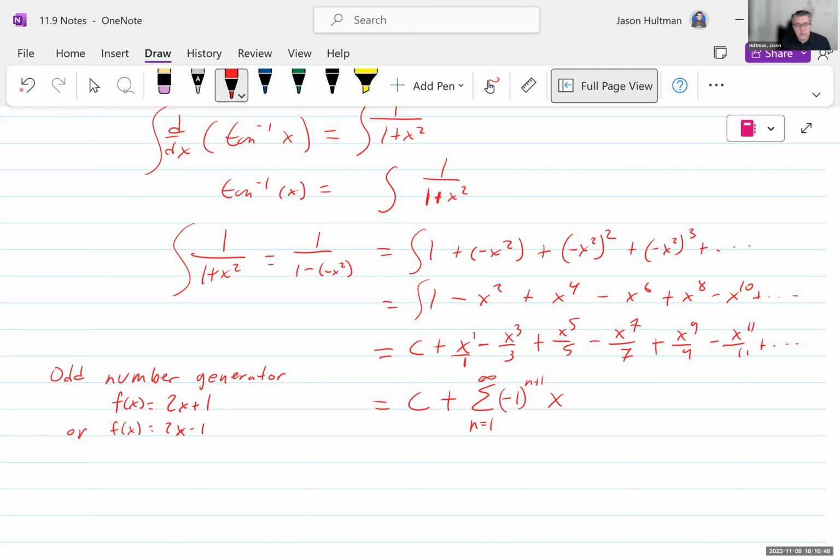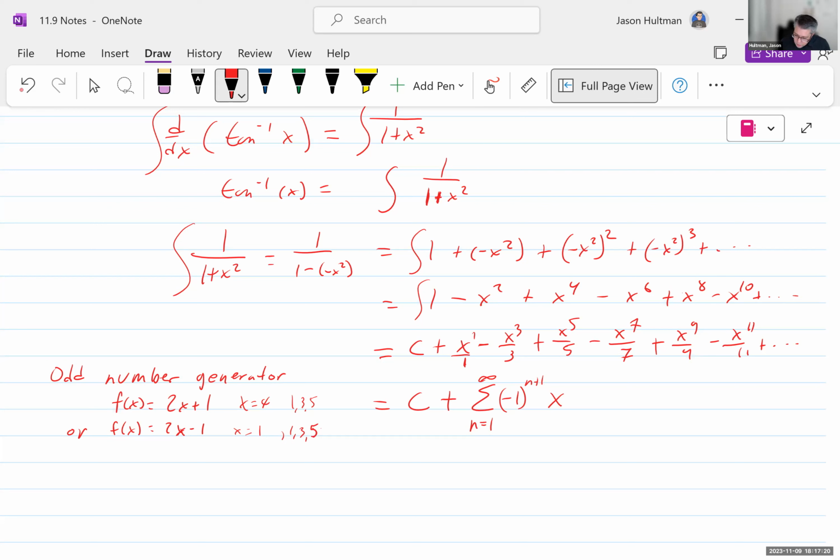It really just depends on whether you are starting with 0 or starting with 1. Because if you let x equal 0 here, you'll go 1, 3, 5. And if you let x be 1 here, you'll go 1, 3, 5. So it really depends on where you're starting, and that will generate your odd numbers.